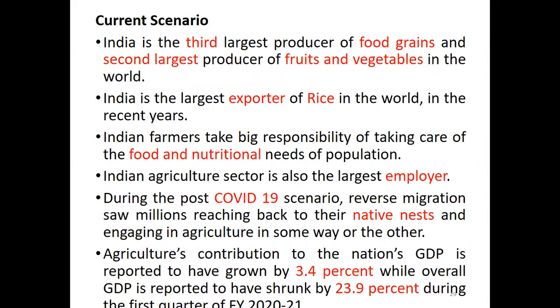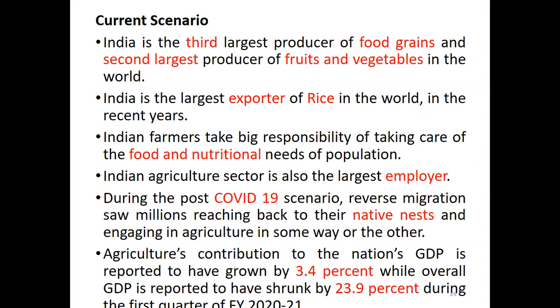And if you see the current scenario, despite facing so many challenges in the agricultural sector, India is still the third largest producer of food grain. If you compare at the national level, India is the third largest producer of food grain and the second largest producer of fruits and vegetables in the world.